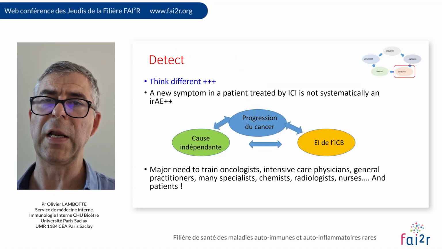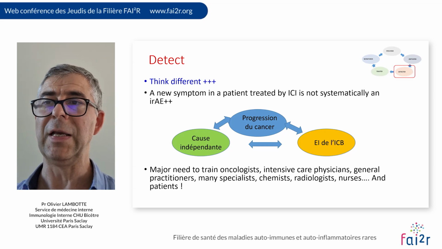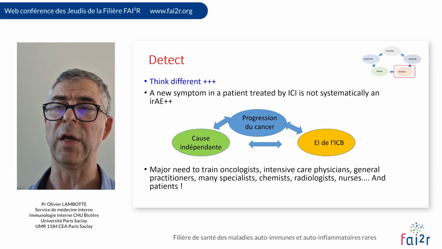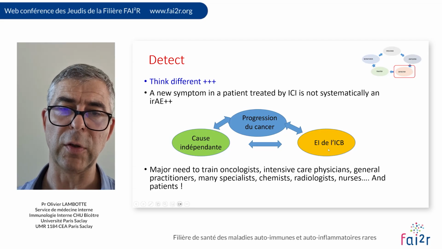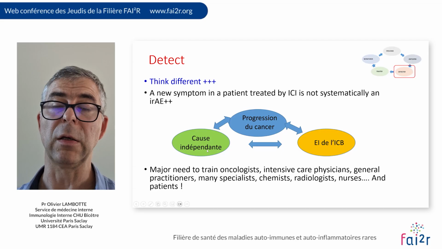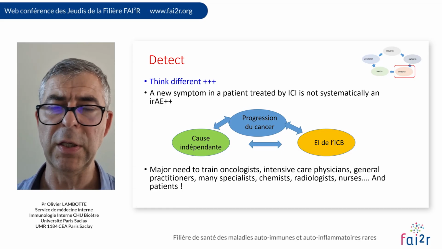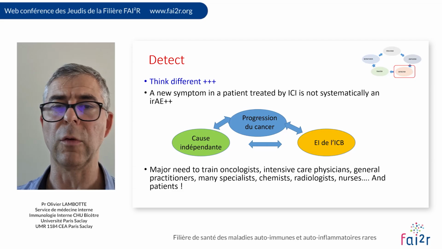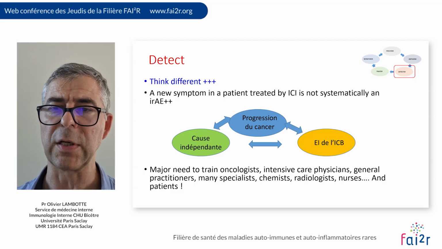To detect, clearly we have to think differently. A new symptom in a patient treated by immune checkpoint inhibitor is not systematically an IRA. Of course, we have to look for the possibility of an immune-related adverse event, but unfortunately it is often the cancer, and some unrelated causes are often present also, typically flu or COVID during the winter, with patients coming to the ICU with an interstitial lung syndrome.